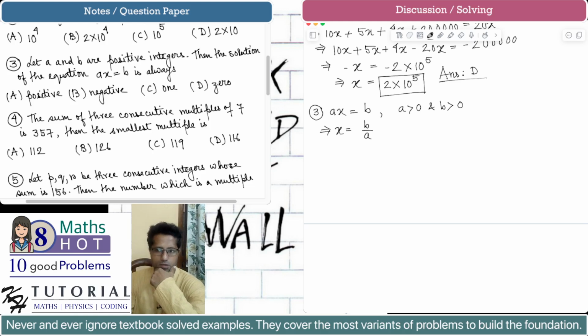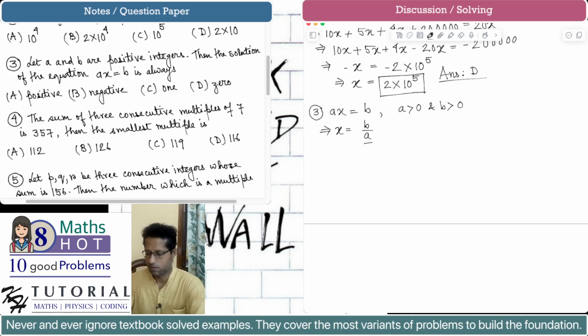So we need to concentrate on whether this b by a, this rational term, since a and b are positive integers. So definitely a is not equal to 0, and it is a rational number. So the solution is b by a.